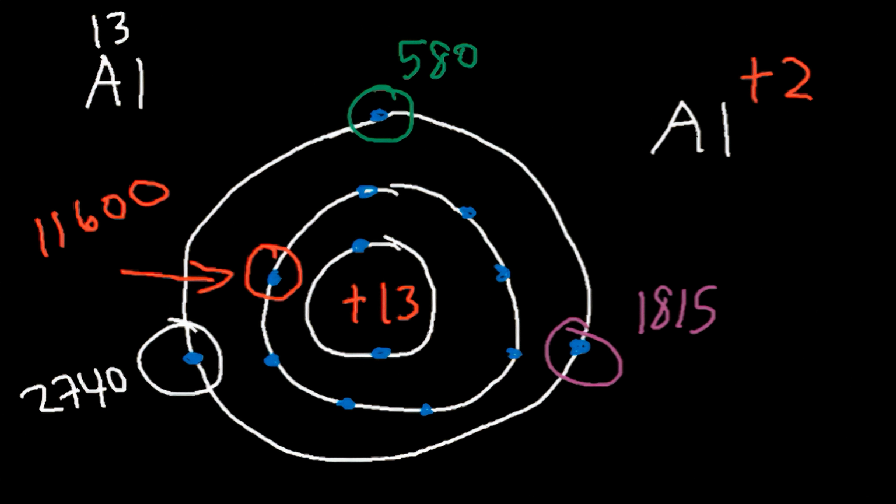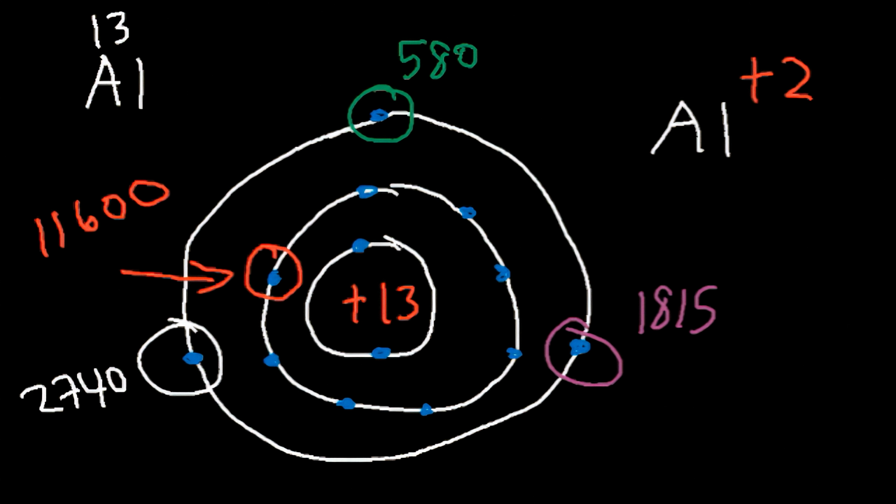As you can see, because the inner core electrons are very, very close to the nucleus, and because they're less shielded from the nucleus, the energy that's required to remove such an electron is significantly higher. So because aluminum has 3 valence electrons, the jump in ionization energy is associated with the fourth electron, because that's a core electron.